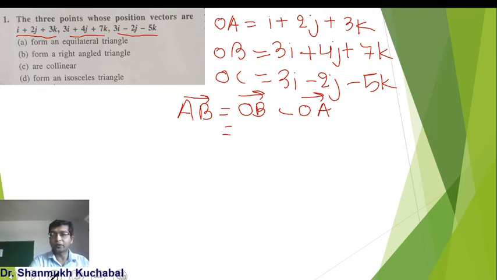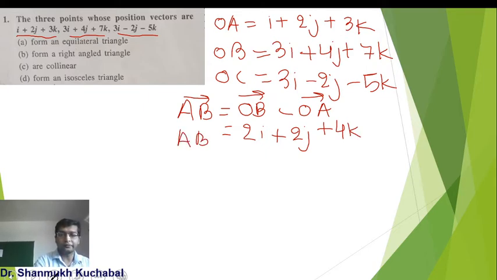Doing OB minus OA, we get 2i plus 2j plus 4k. This is AB.